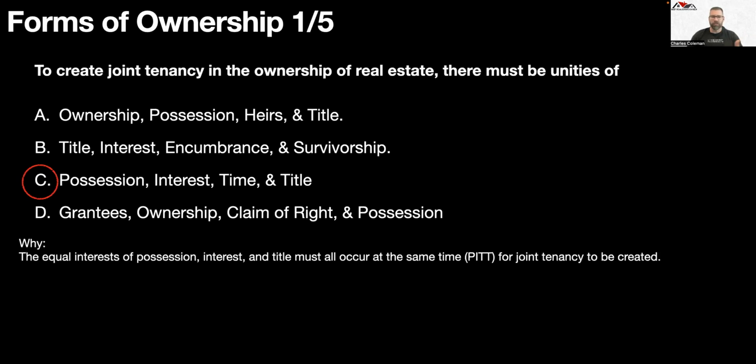The explanation says the equal interest of possession, interest, and title must all occur at the same time for joint tenancy to be created. So joint tenancy: possession, interest, time, and title, PITT for your exam.